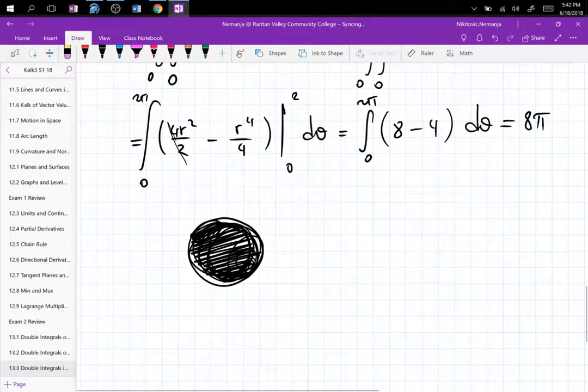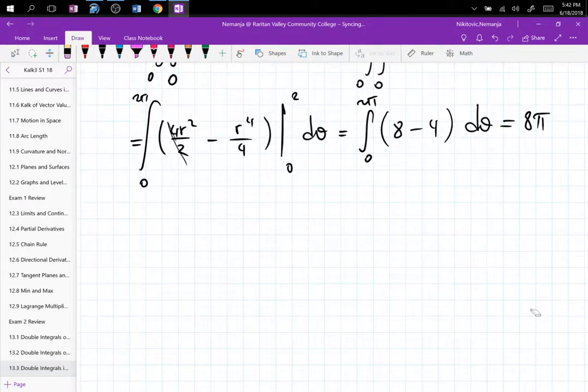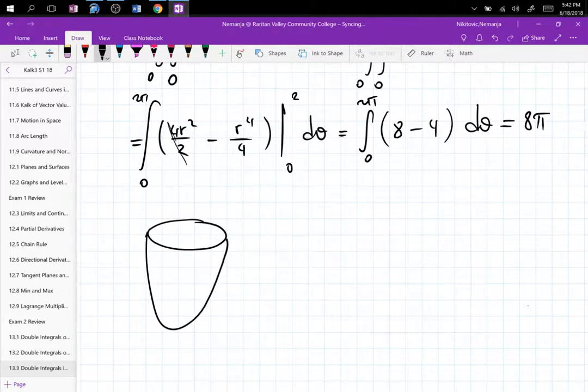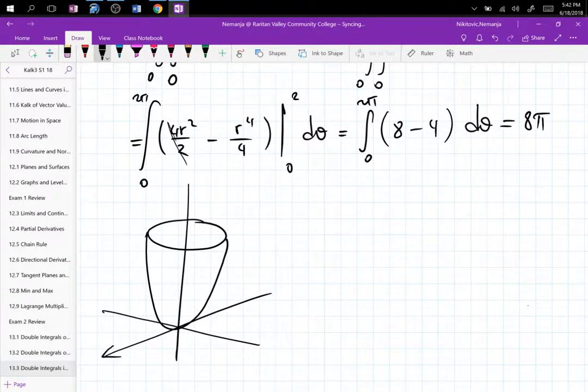Now, if you are to flip the object, it will look like this. And then you're cutting it at 4. What's the function now for that object?